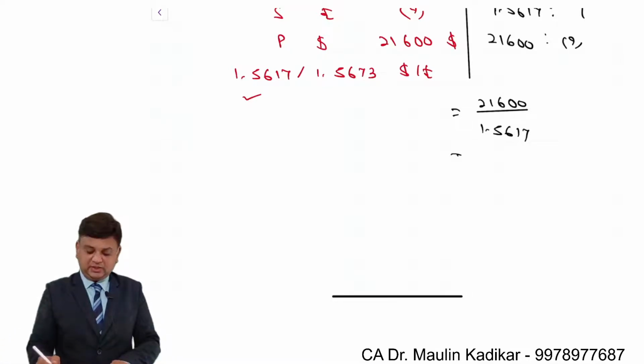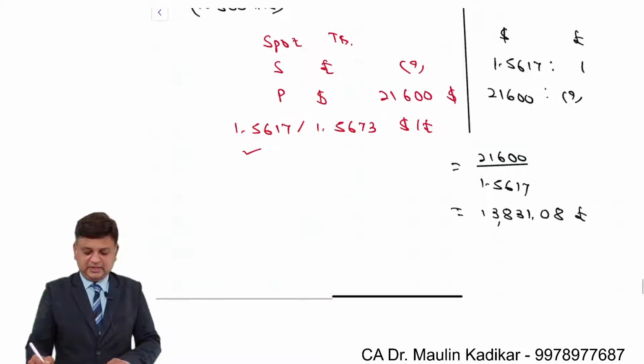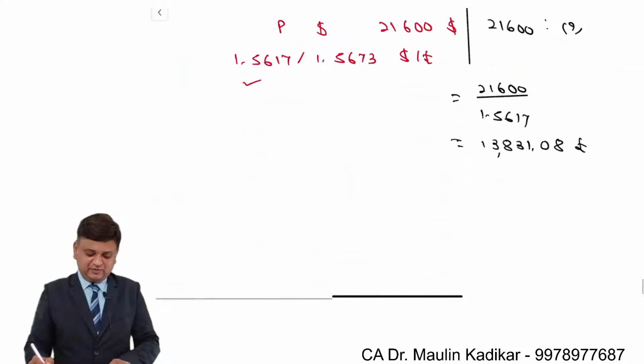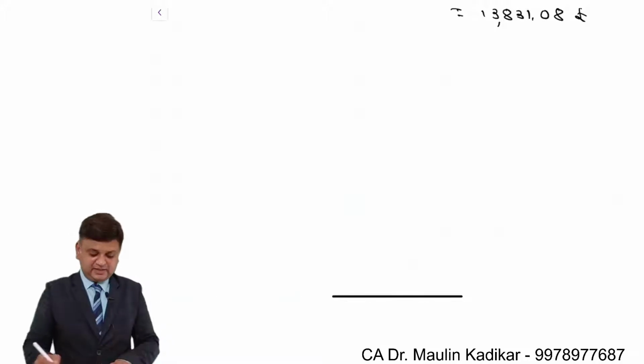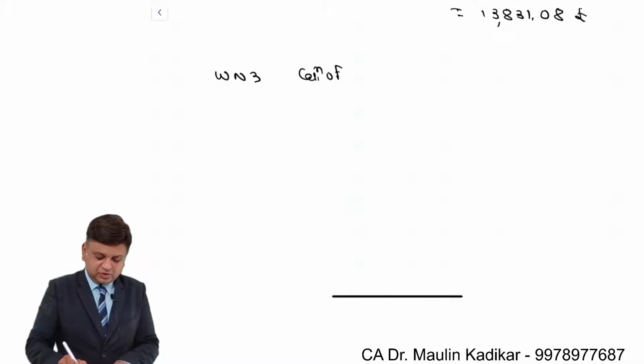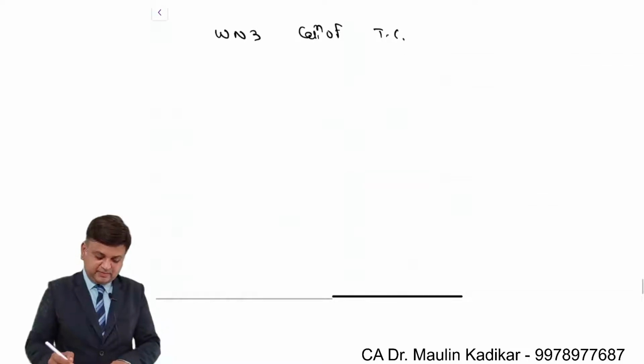It comes to 13,831.08 pound. This is the way the amount of the pound to be sold for purchasing the premium will be found. And then the final answer. That is working note number 3. Calculation of total cost. In the total cost, the first is the payment in option.